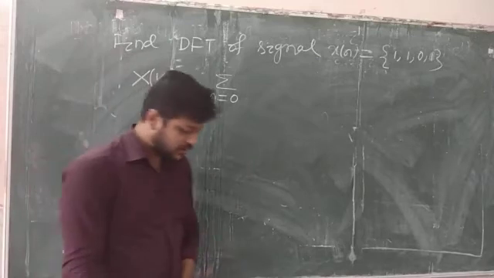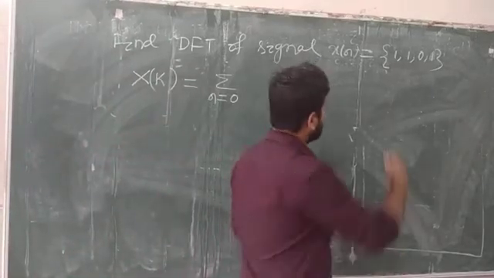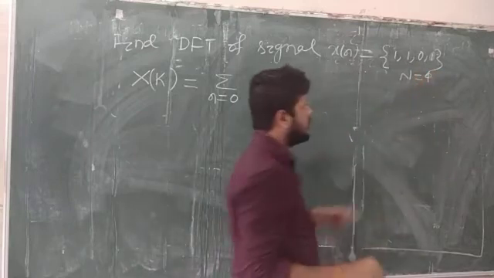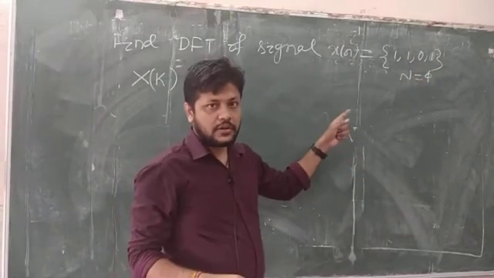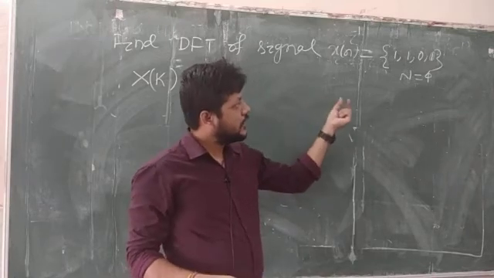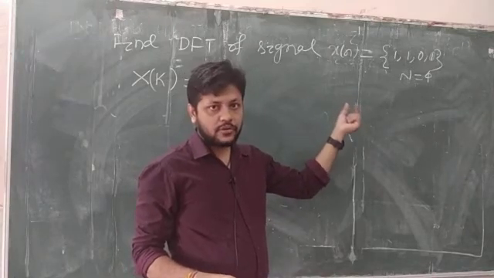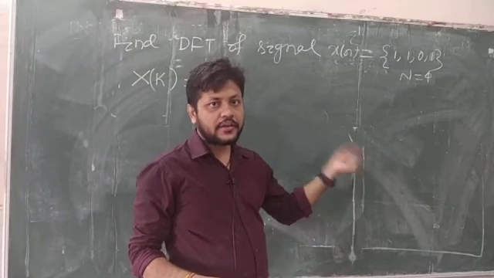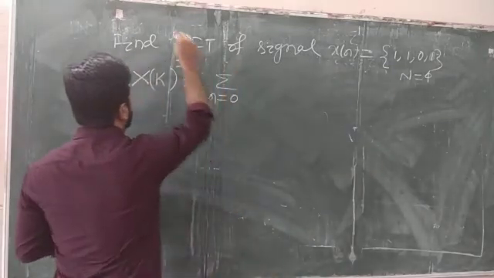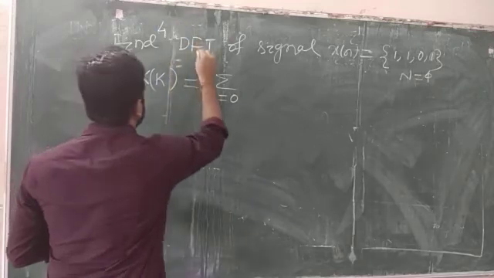First of all we have to see how many samples are given. Here the N value is 4. So we have to calculate the 4 point DFT. If the N value is 4, we are calculating the 4 point DFT. So here n is equal to 0 to 3, and the question will be a 4 point DFT.